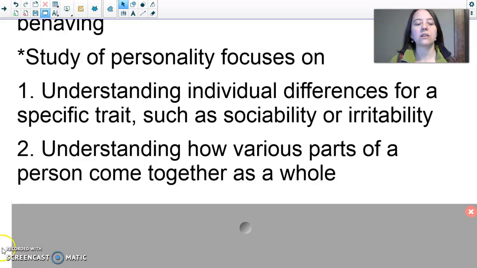The other way that people focus on in psychology studying personality is understanding how various parts of a person come together as a whole. So one, they pick a trait and then they look at everybody, and another one, they pick a person and they see how these traits come together.